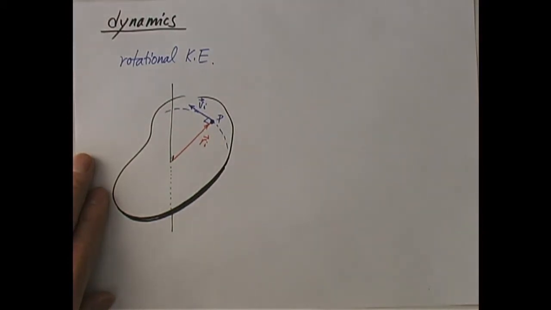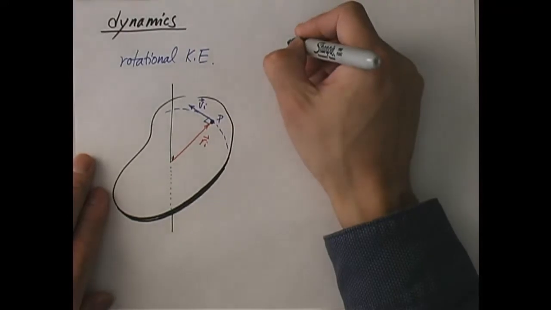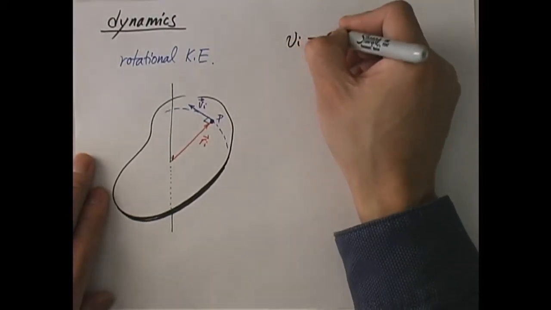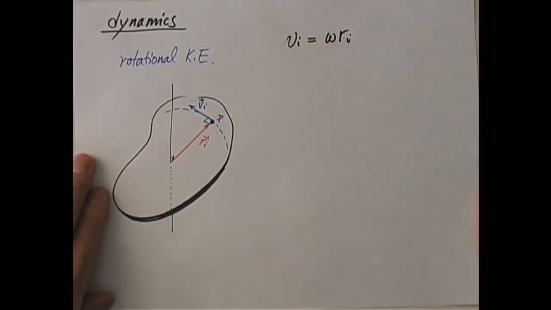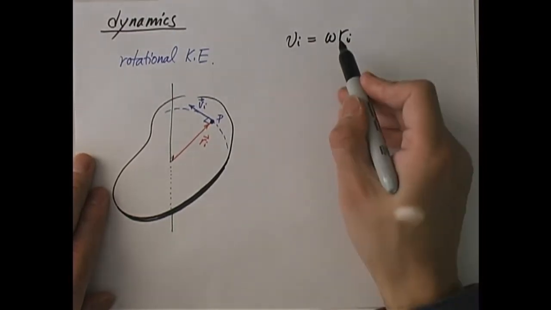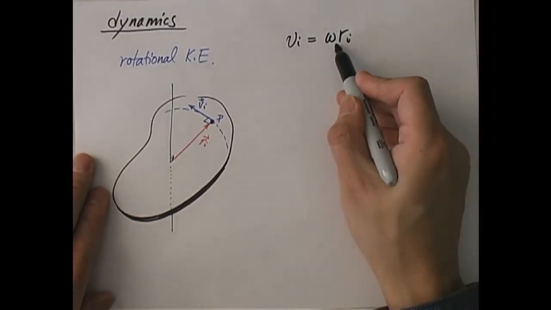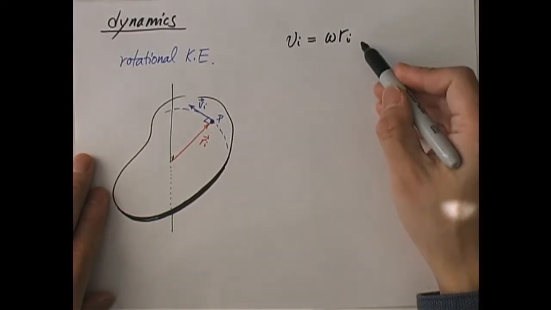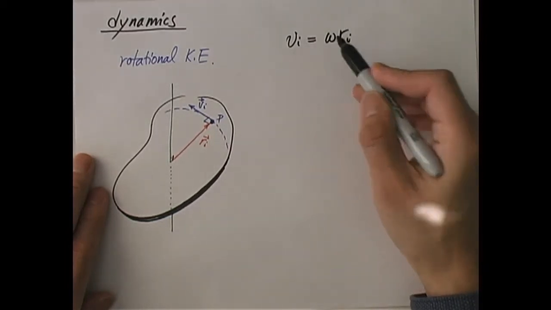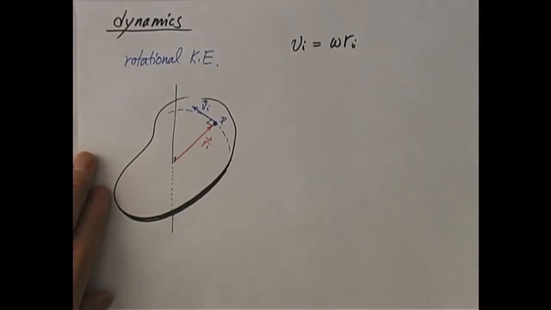So what is its linear speed? What is v_i? Well, we know that v_i equals omega times r_i. We learned that before. You notice I didn't put a subscript i on omega. Why? Because omega is the same for every point. So as this i changes, 1, 2, 3, 4, whatever, omega stays the same. That is the nice thing about a rigid body rotating about a fixed axis.